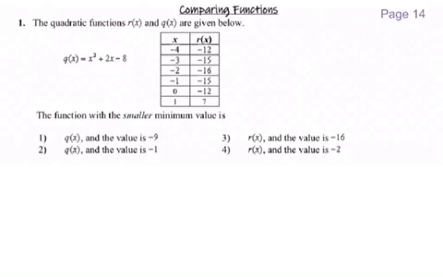Okay. Question number 1 on page 13, the answer should be choice 3. For this question, they're asking you for the smaller minimum value. That means that they want the smallest y value on the table.